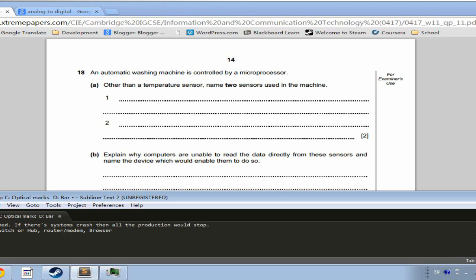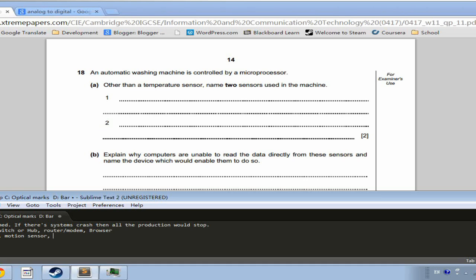So we need probably a moisture sensor. Other thing is we have this moving drum in the middle that spins the clothes around. So maybe we want to have a motion sensor to detect if it's moving or not, if it's fully stopped, for example. A lot of washing machines won't let you open the door until the drum has fully stopped. So you might have something like that.